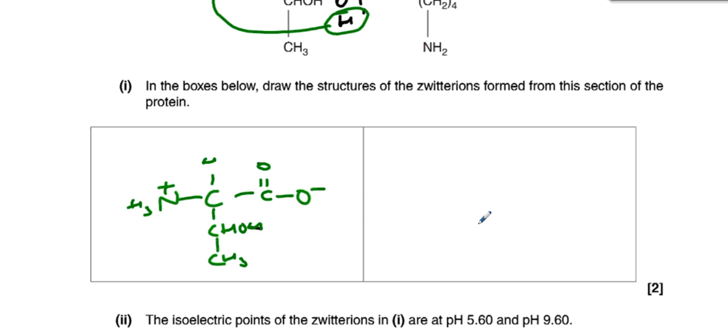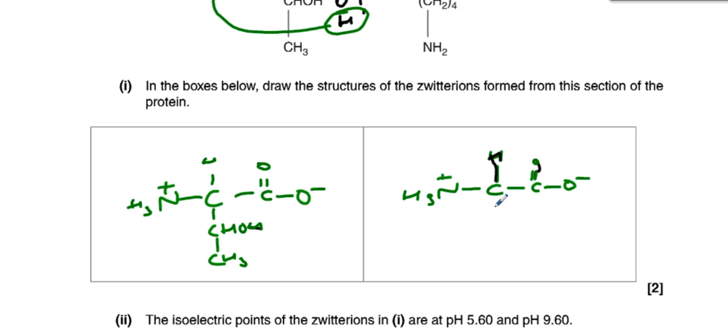The other side is again exactly the same, but this time I've got my different R group on. So there we've got the same condition, with an H up there.